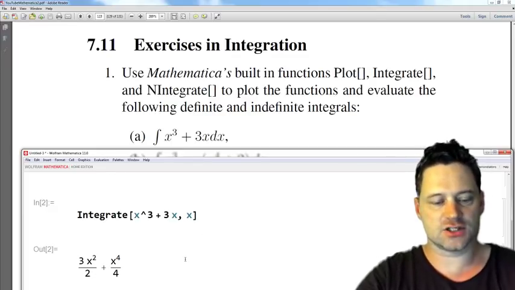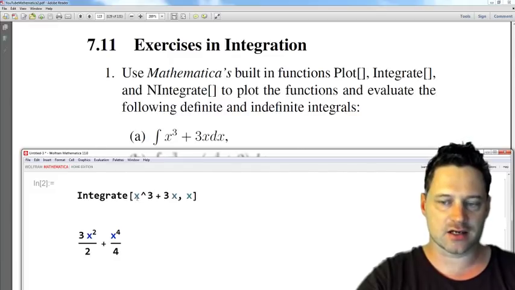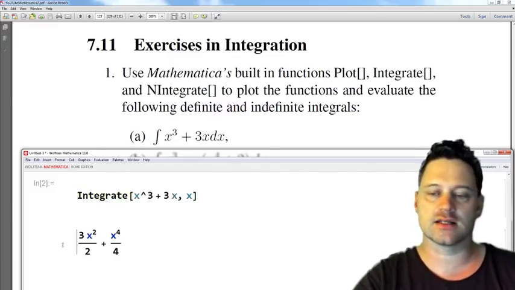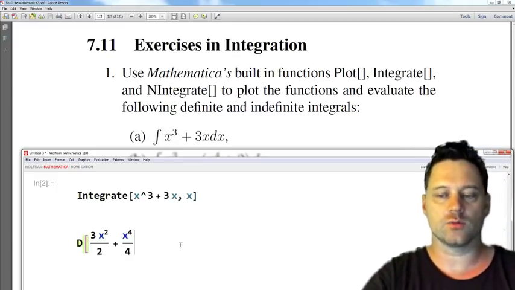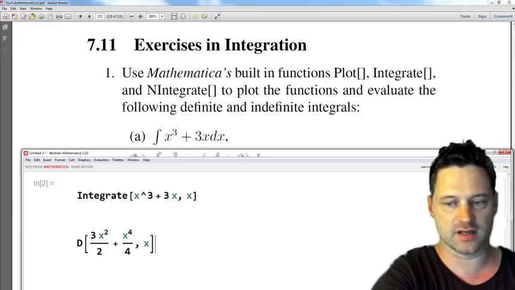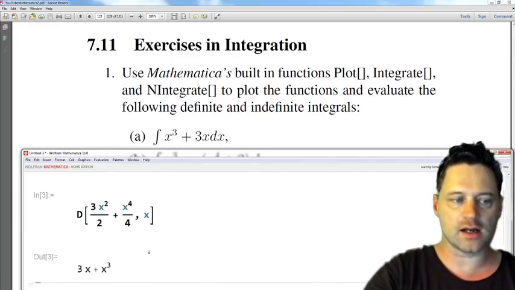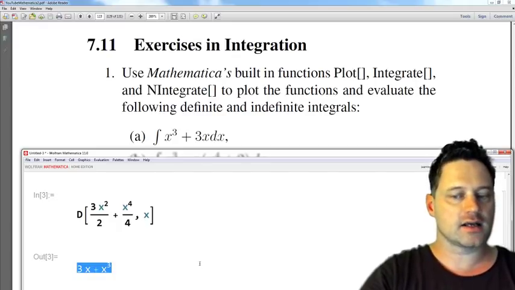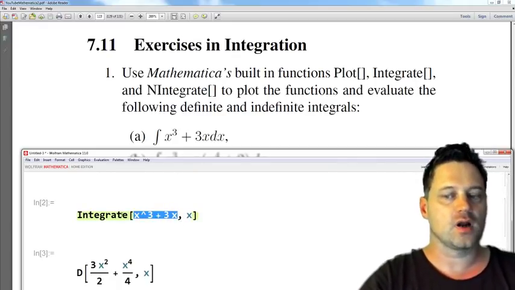Just to show you that the derivative of this is actually x cubed plus 3x, let's differentiate. So we have D, and then with respect to x. This is the first derivative of this with respect to x. Now you can see the answer, x cubed plus 3x, which is exactly what is inside here.